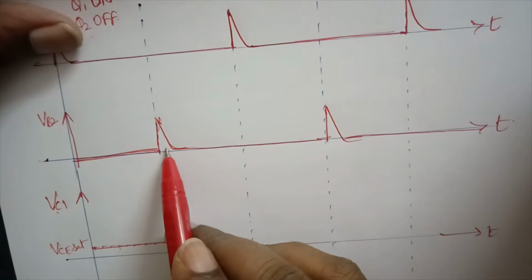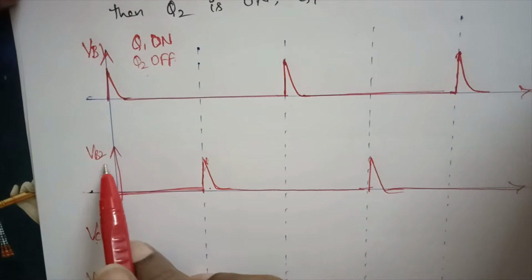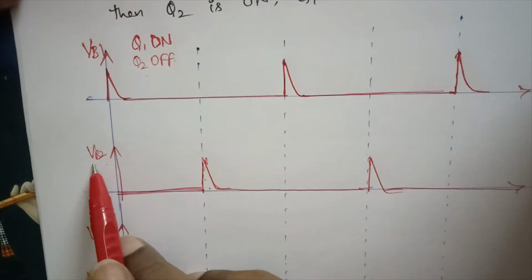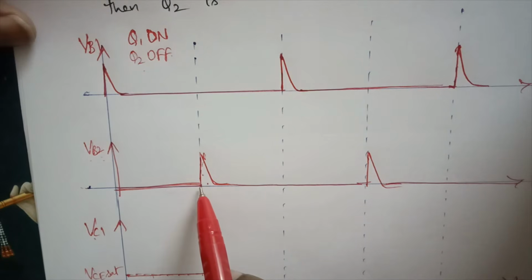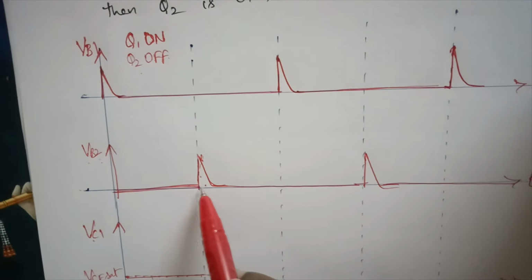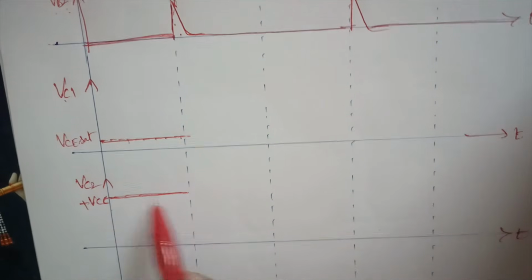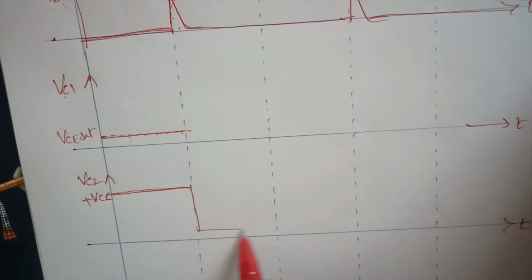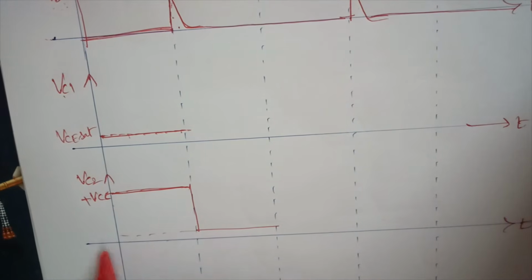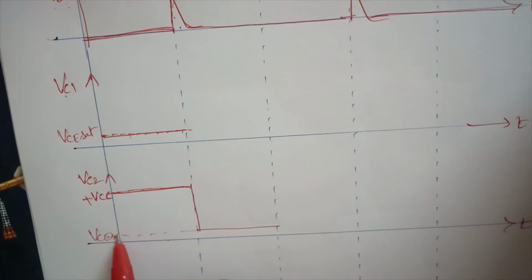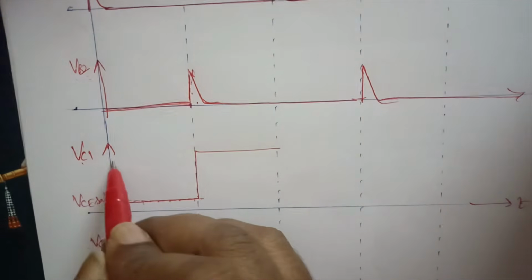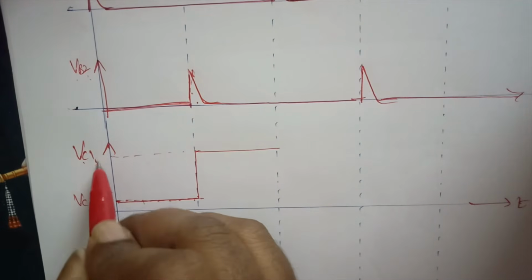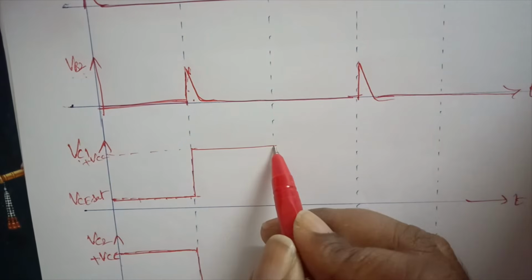At this instant, when we apply VB2, that means a trigger pulse at the base of transistor Q2, the transistor Q2 is on. When Q2 is on, VCE2 falls down to VCE sat. At this time VC1 rises to VCC.